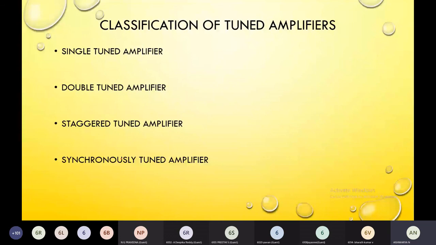Okay. So what is single tuned amplifier? Tuned circuit will be placed either at the input or at the output of the circuit. That is your single tuned amplifier.